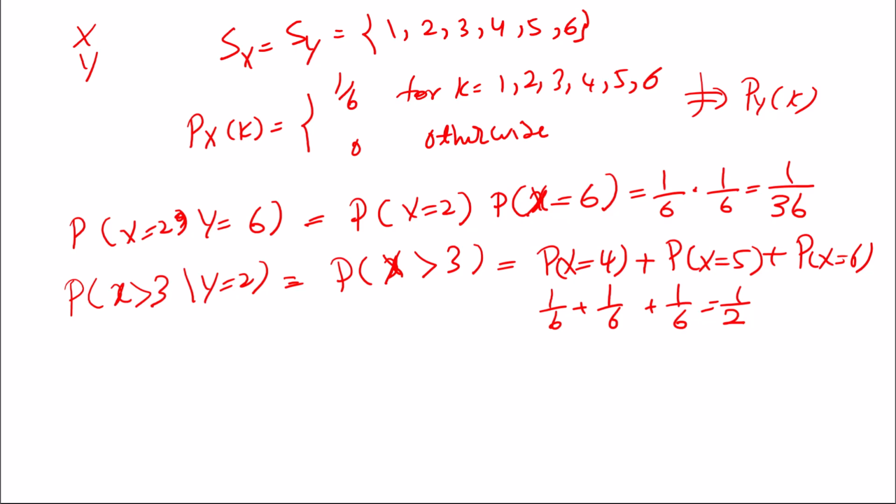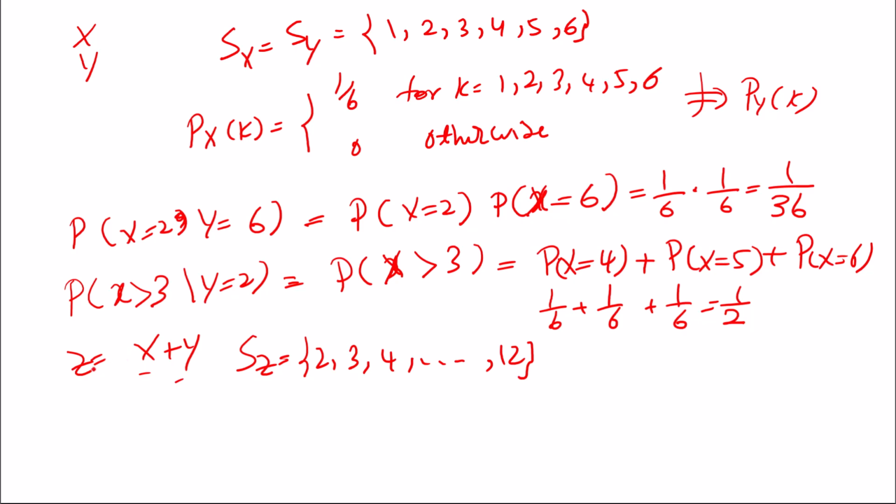And then if we have Z is equal to X plus Y, we want to find the PMF for Z. So when we say X plus Y, it means the outcome of X plus the outcome of Y, right? So S_Z is equal to what? 2, 3, 4, up to 12.